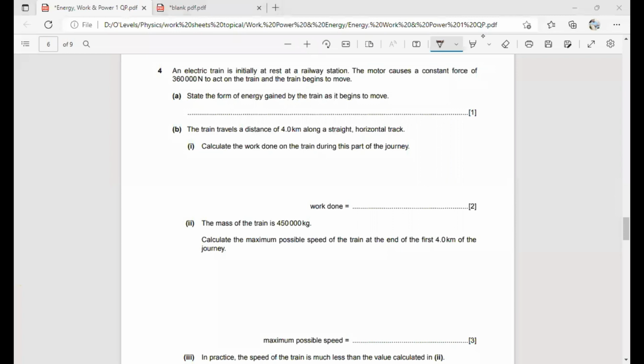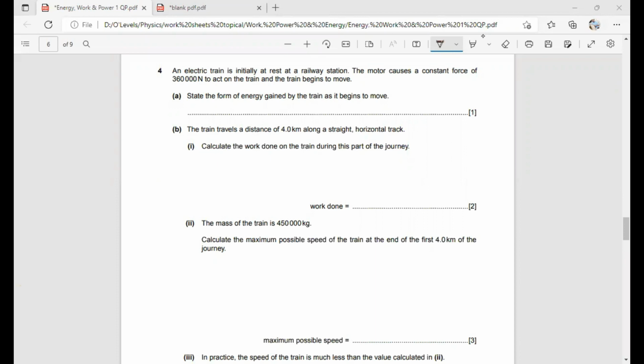Now in question number 4, an electric train is initially at rest at the railway station. The motor causes a constant force of 360,000 newtons to act on the train, and the train begins to move. State the form of energy gained by the train as it begins to move.